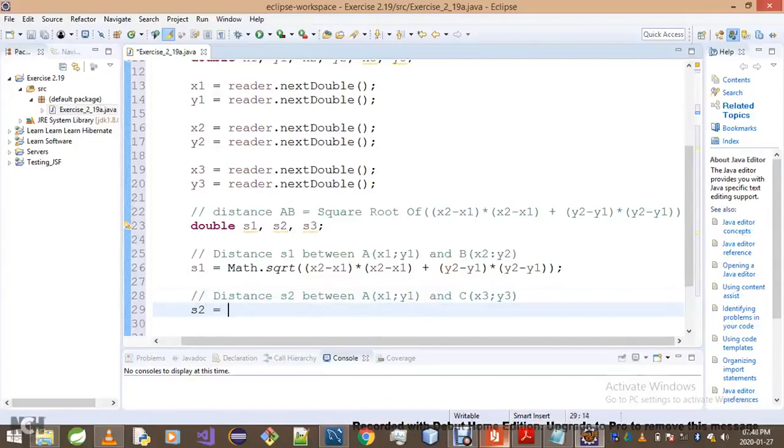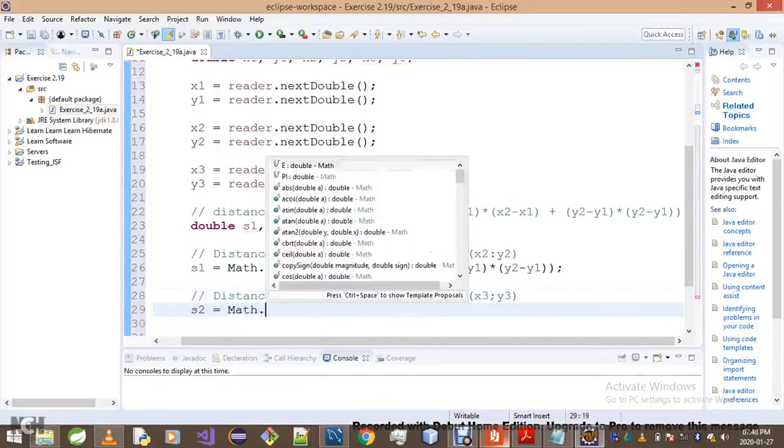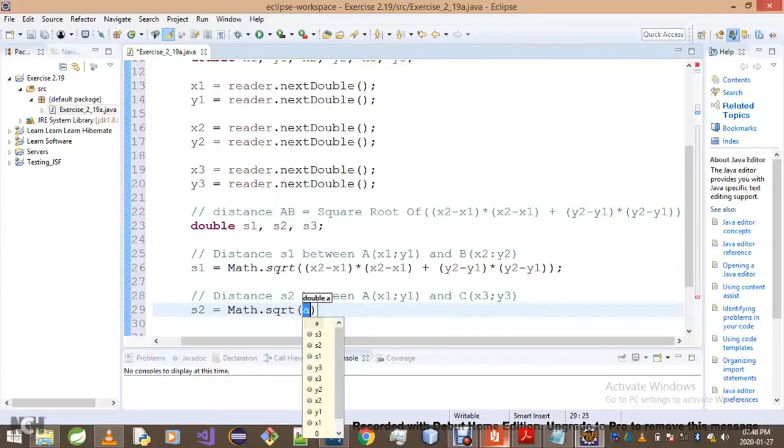It's simply going to be math dot square root of, this time around, the distance between A and C, so it's going to be x3 minus x1, but we want a square of that, so we're going to multiply that by x3 minus x1 again.